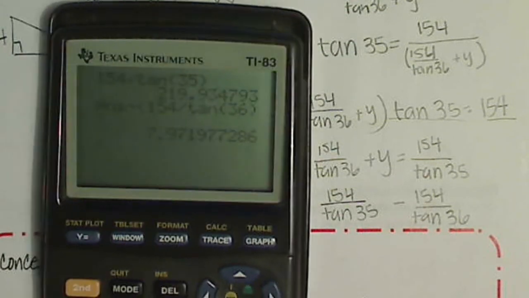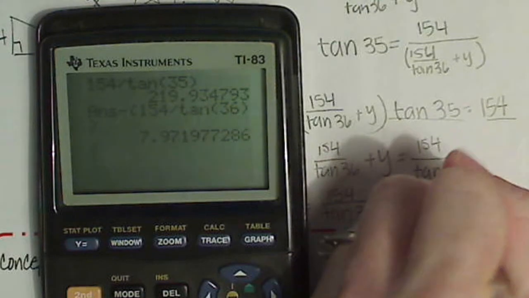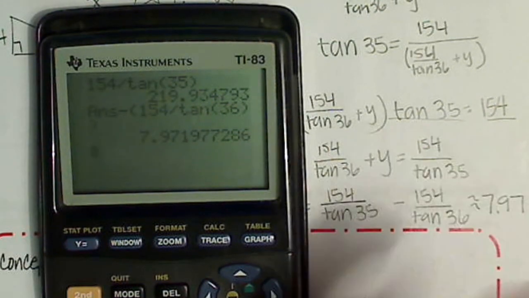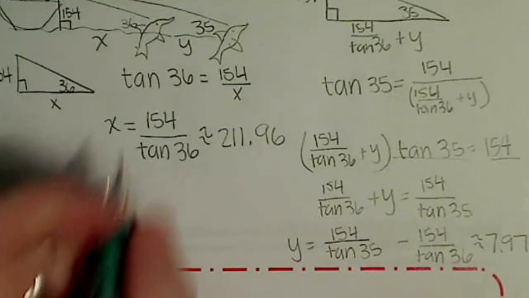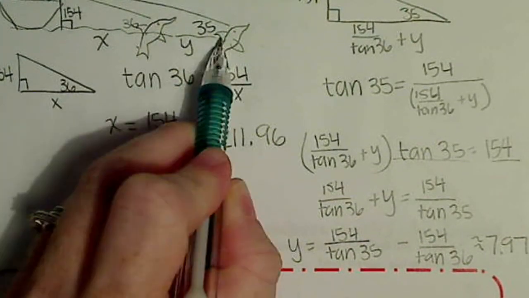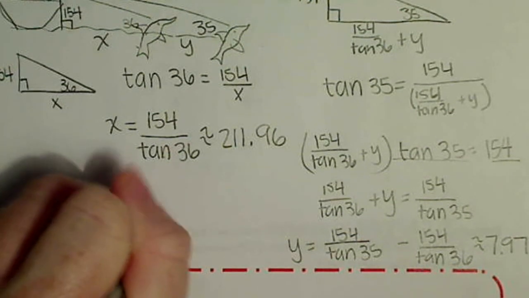And we get about 7.97, which means the distance between these two dolphins is about 8 meters.